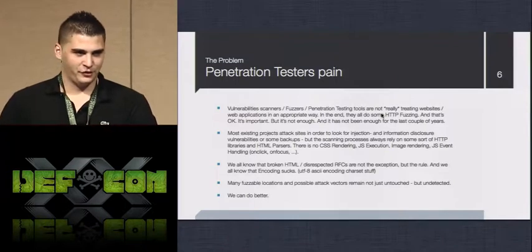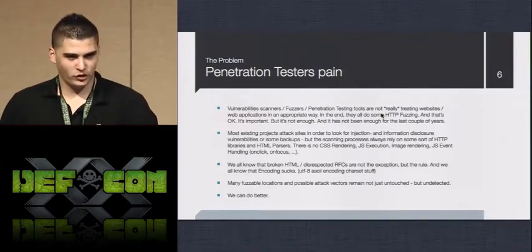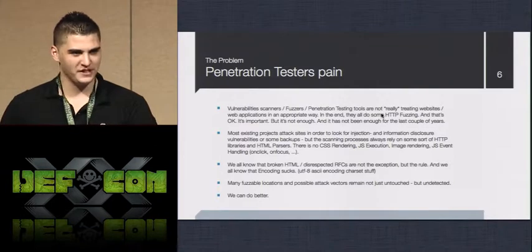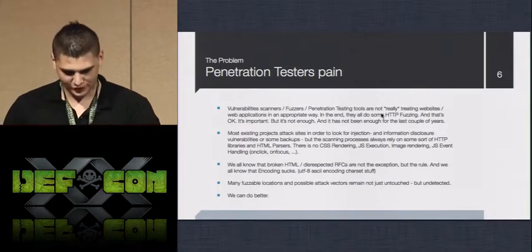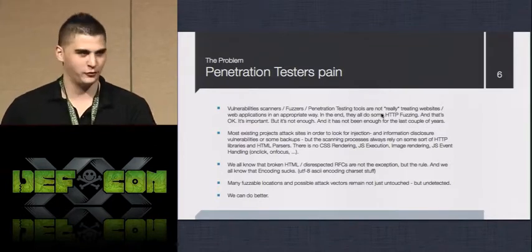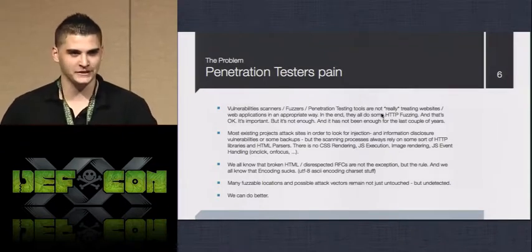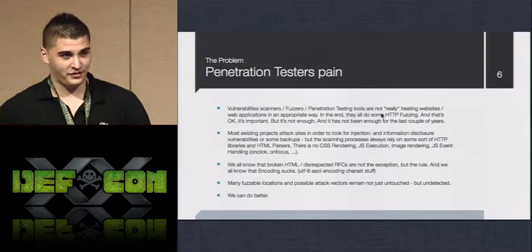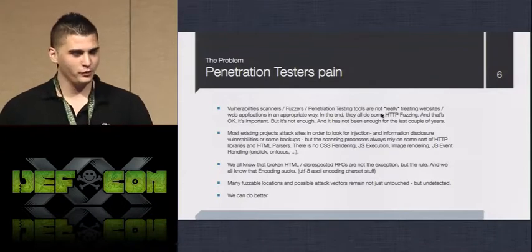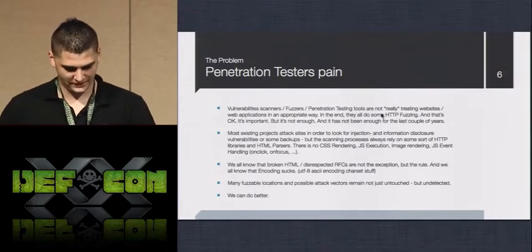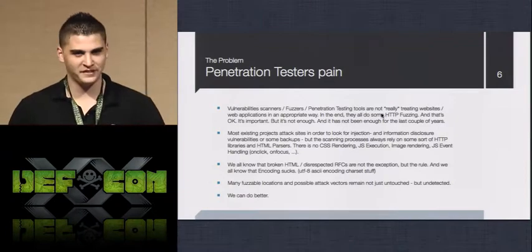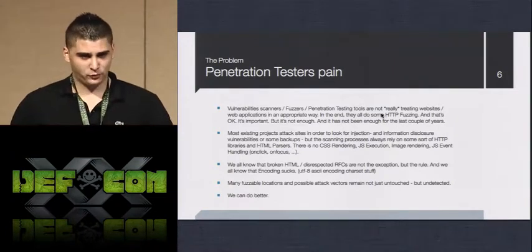for example, if you use the W3AF framework to penetration test a website, it is very likely that some encoding errors occur. And if you use SQLmap to exploit a SQL injection, it is very likely that that process fails. So what we do is we build tool chains. And we build really large tool chains, and there's nothing wrong with that.